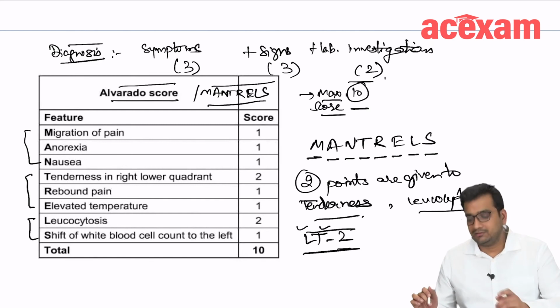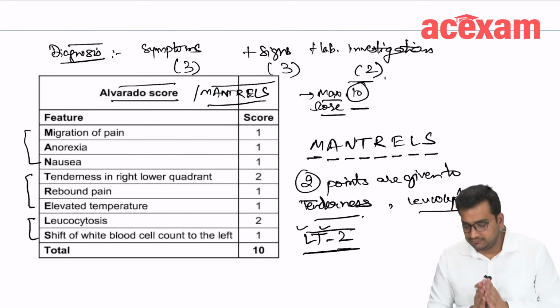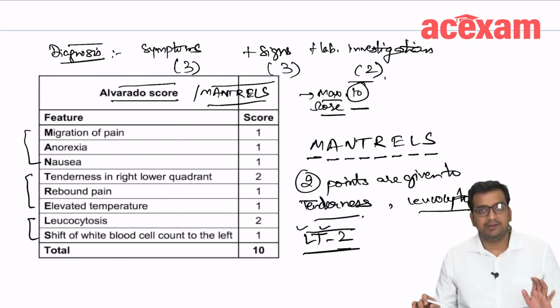But the T stands for tenderness here. Temperature is elevated temperature, which is the E. So be very sure that it is tenderness and not temperature. Leukocytosis and tenderness get 2 points.